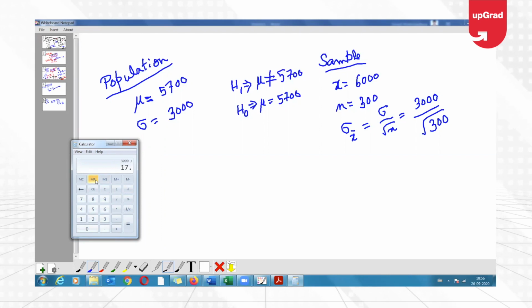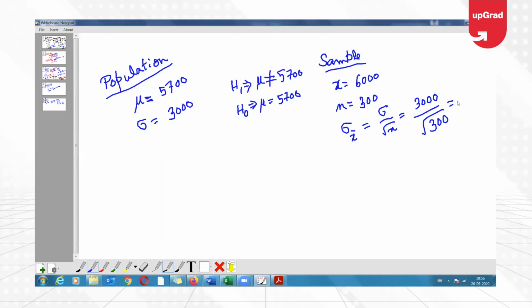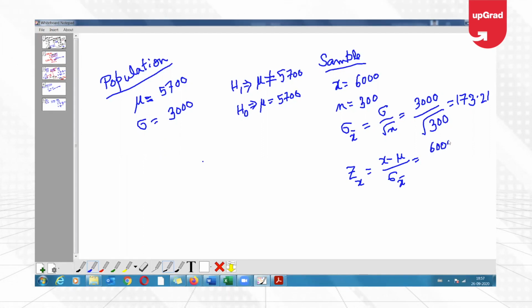So 3,000 divided by 17.32 is 173.21. Now let's calculate the z, which in this case is x bar minus mu by sigma x bar, which is equal to 6,000 minus 5,700 divided by 173.21.